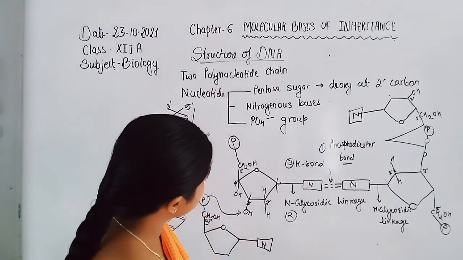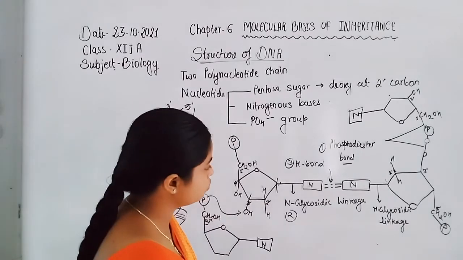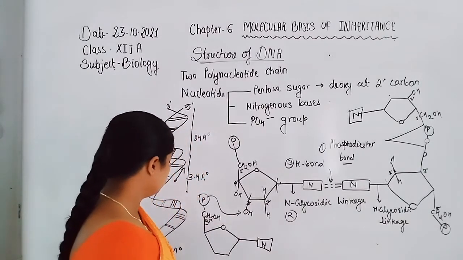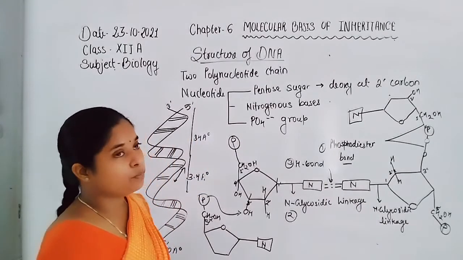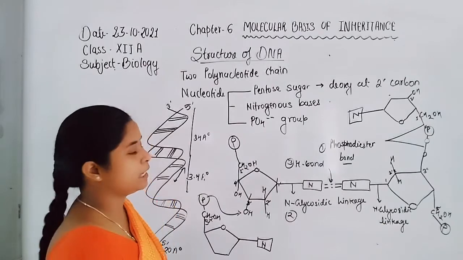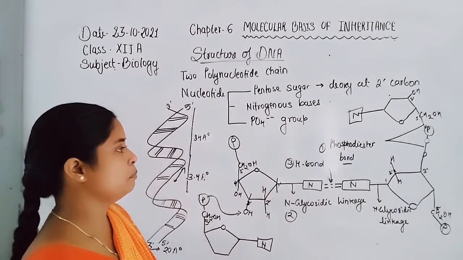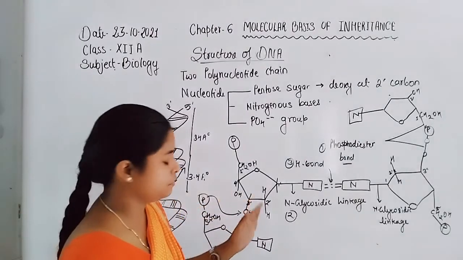So that makes 2 hydrogen bonds. If 3 nitrogens are involved in making the hydrogen bond, then overall 3 hydrogen bonds appear between the purine and pyrimidine. So purine always makes a bond with pyrimidine or vice versa.